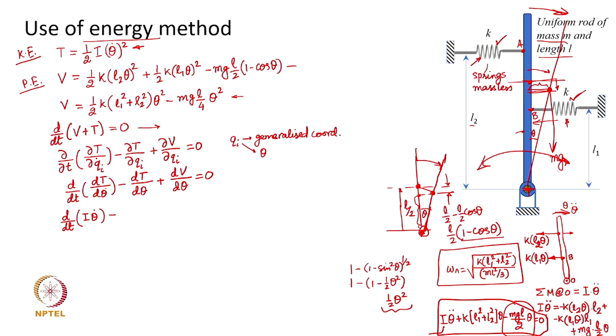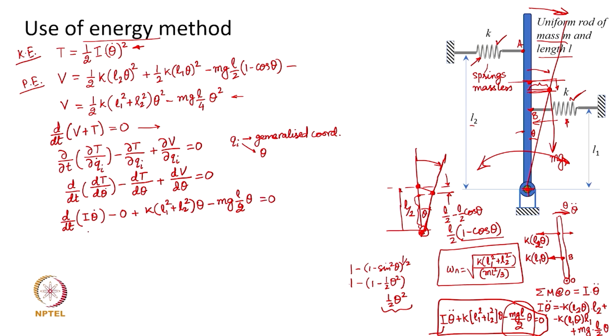Obviously, the derivative of the kinetic energy with respect to theta is 0, and then plus dV by d theta is going to be k (L1 square plus L2 square) theta minus mg L by 2 theta. That is the expression we have equal to 0.